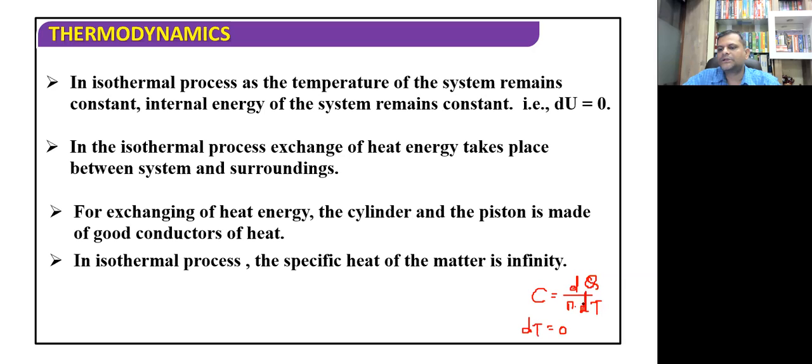Since dT is 0 here, the denominator becomes 0, and any fraction in which the denominator is 0 goes to infinity. That's why we can say that the specific heat of the gas under isothermal condition is infinite. Okay, यहाँ पे हम देख रहे हैं, देखो dT is going to be equal to 0, so therefore this C will actually be equal to infinity in this way.